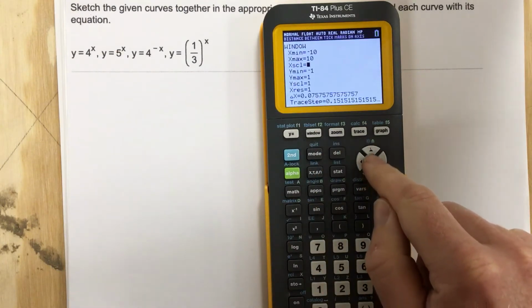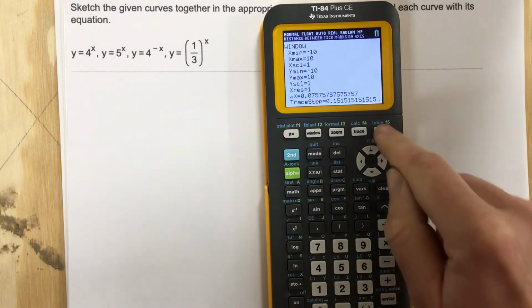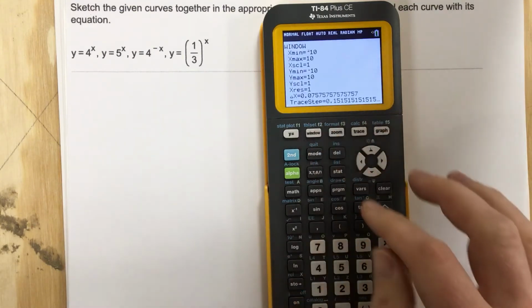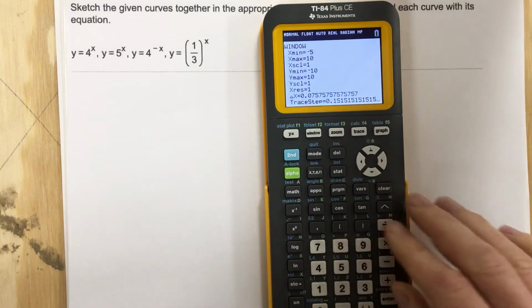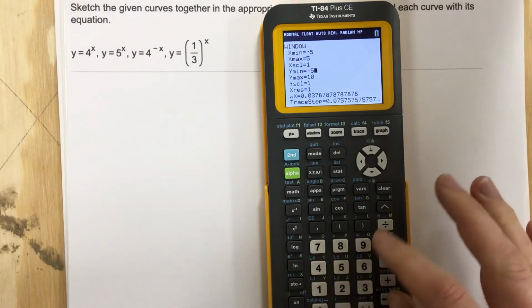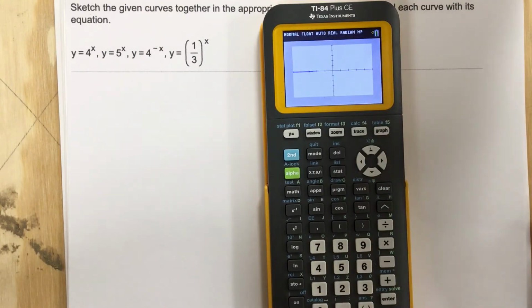We better make sure we're at negative 10, 10, 1, negative 10, 10, 1. Make sure that the graph comes out how we think it should look. And actually, I'm going to change that window to negative 5, 5, 1, negative 5, 5, 1. I think that's going to make it so that we can see this a little bit better.